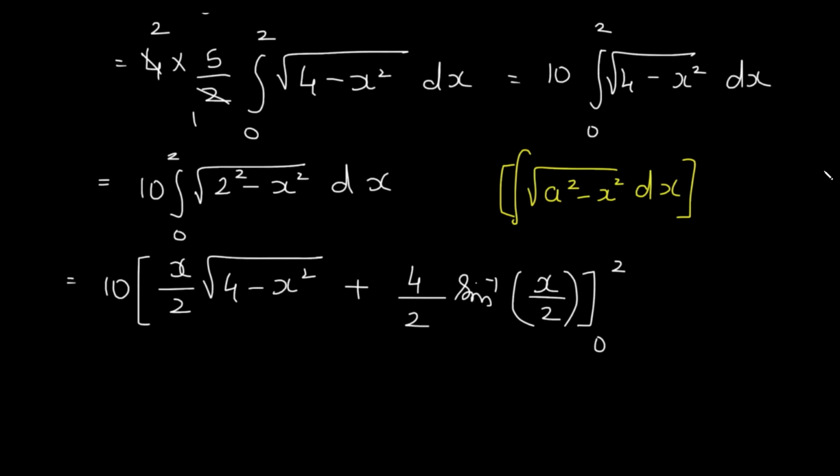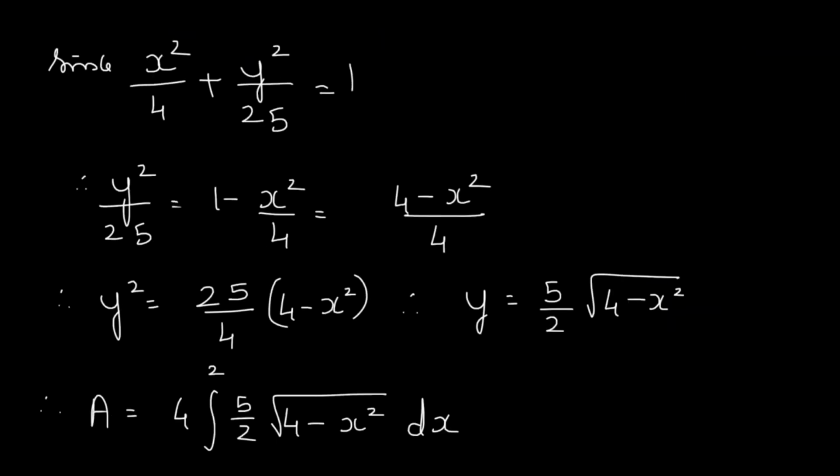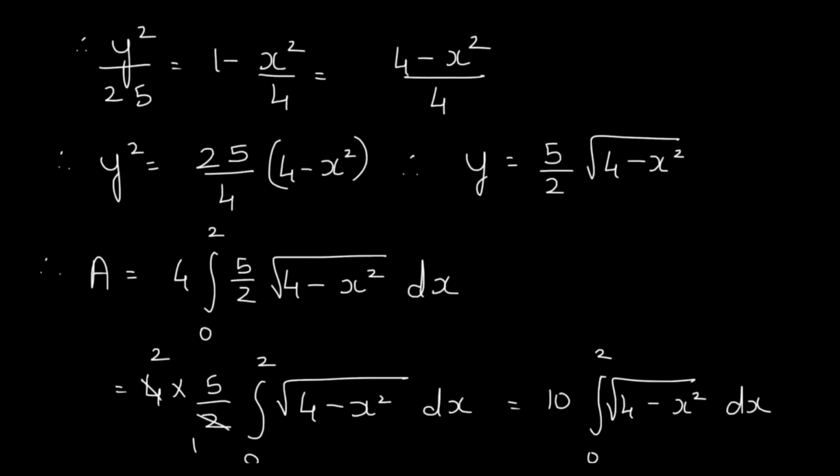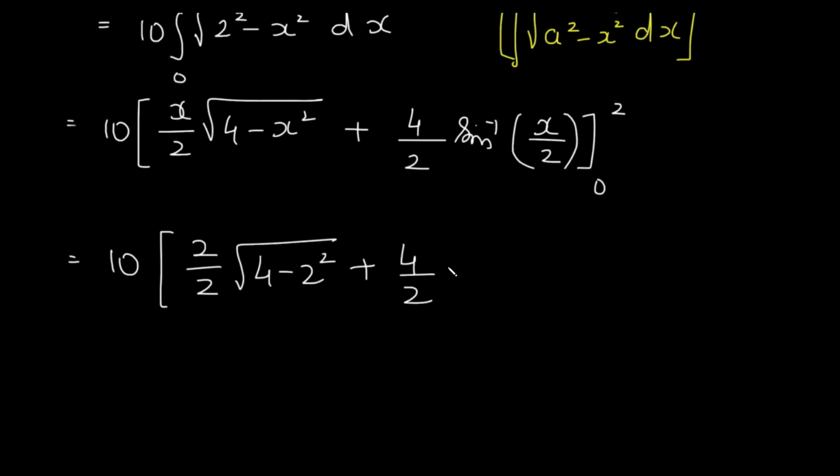So this way, now applying our limits of integration, we get 10 into, first of all we apply x = 2: 2 upon 2 root of (4 minus 2 square) plus 4 upon 2 into sine inverse of 2 upon 2. It becomes the same thing like we got in the previous sum.